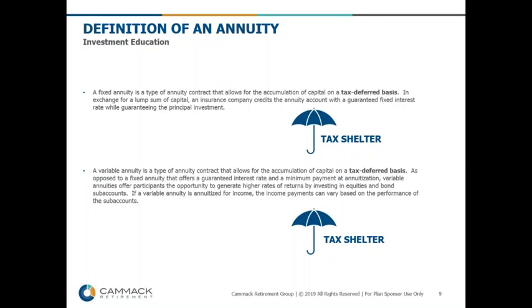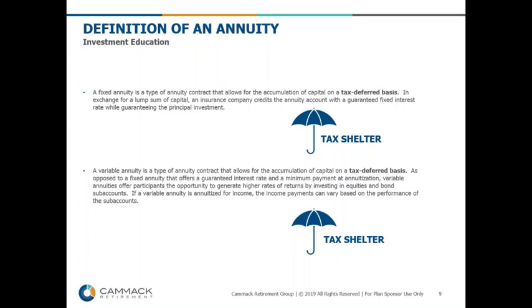A variable annuity is a type of annuity contract that allows for the accumulation of capital on a tax-deferred basis. As opposed to the fixed annuity that offers a guaranteed interest rate and a minimum payment at annuitization, variable annuities offer participants the opportunity to generate higher rates of return by investing in equities and bond sub-accounts.